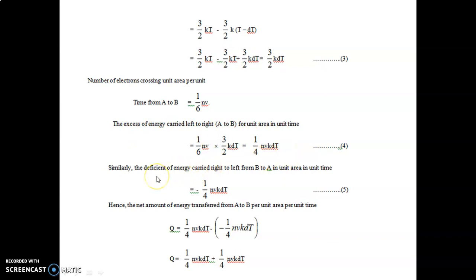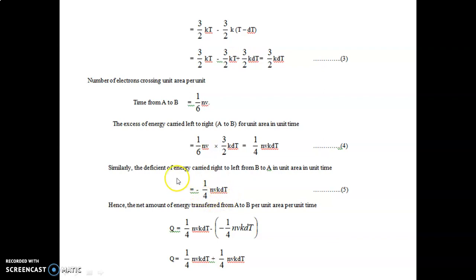Similarly, we need to calculate the deficient of energy carried by the electron from B to A per unit time per unit area of cross section. If we follow the same procedure, what we get is minus 1 by 4 into nvk into dT.